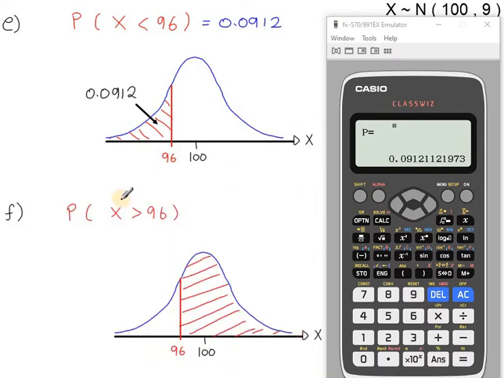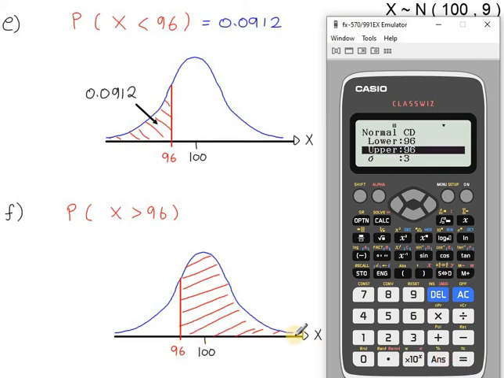And for the probability of x greater than 96, so a randomly chosen child has a height greater than 96 centimeters, we're shading to the right. These two regions will add up to 1, so we could do 1 minus 0.0912, or we can just use the calculator again. This time the lower limit will be 96, the leftmost limit for the shaded area.